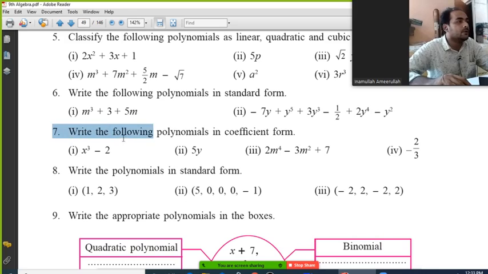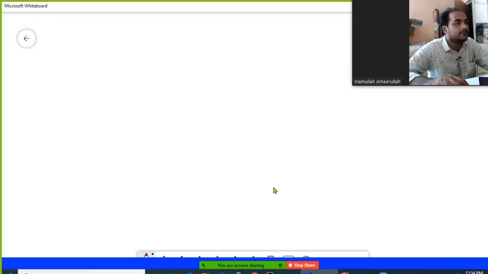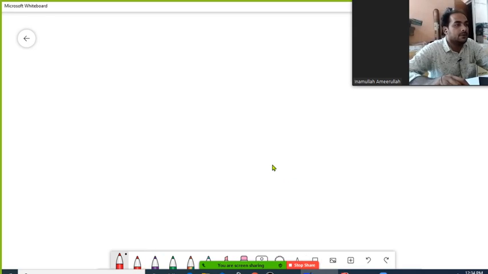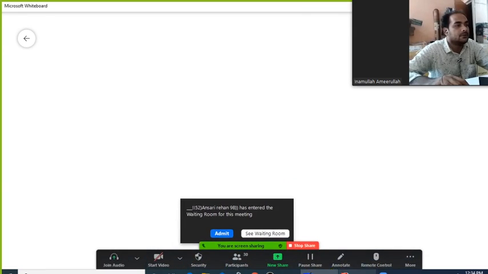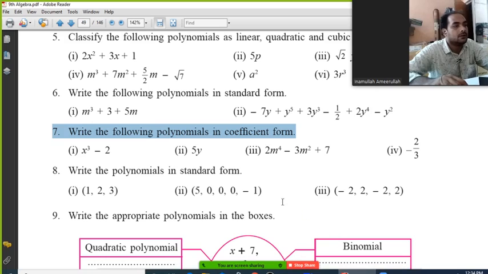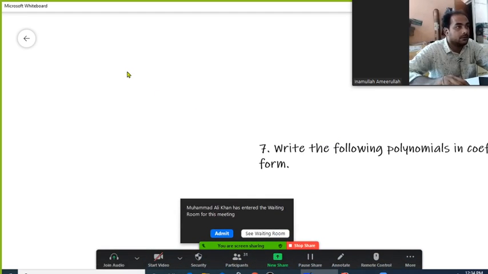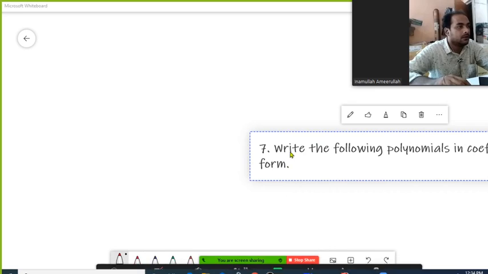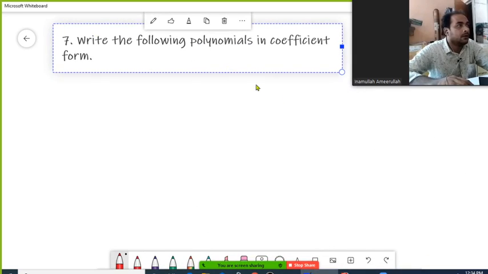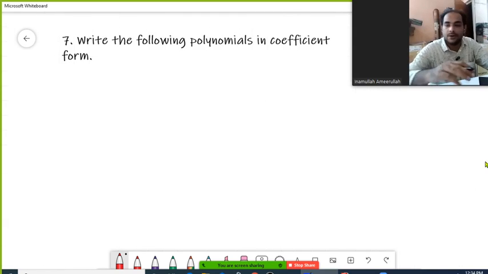So this is your question number 7. Write the polynomials in coefficient form. So in order to write the polynomials in proper coefficient form, in question number 7, the first question is x cube minus 2.